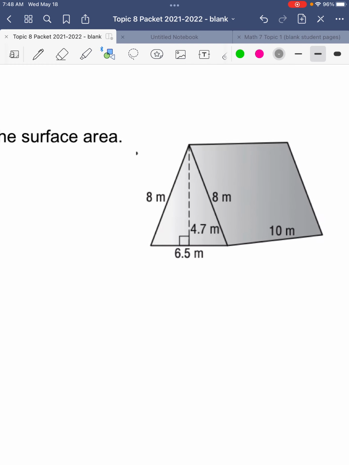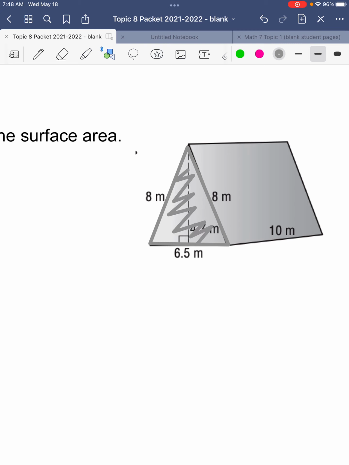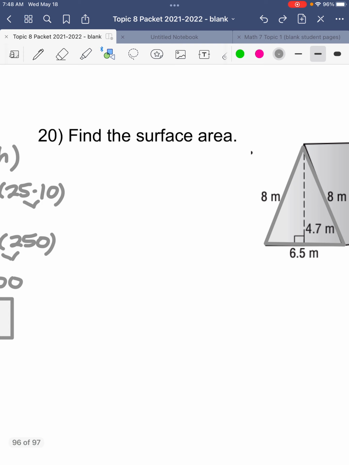So my triangles are right here, that one in the front, and then I have one identical to it in the back. So I'm first going to find this area right here, okay? So I'm going to call that the front and back triangle.